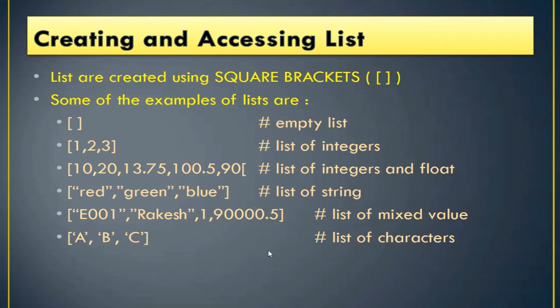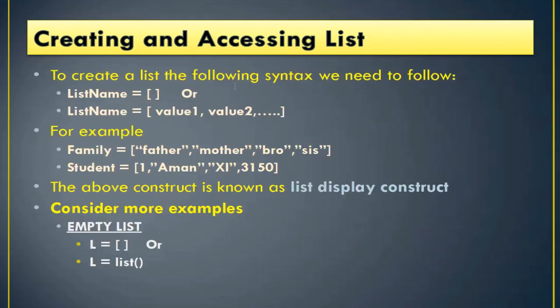Okay, next is how to create a list. The syntax we need to follow is list name equal to, then the bracket, with value 1, comma, value 2, and so on. For example, family: you are giving the list name as family, and storing the values father, mother, bro, sis.